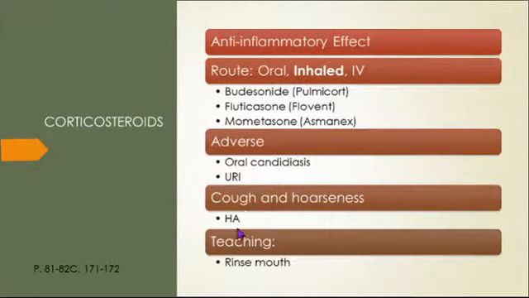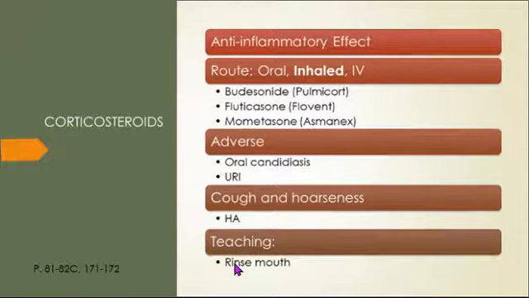Cough, hoarseness, and headache are common adverse effects. Hoarseness is because of the oral candidiasis and upper respiratory effects, so you're watching for it, and for headaches, and teaching them to rinse their mouth. These are the most effective agents for the long-term treatment and prevention of asthma exacerbations.